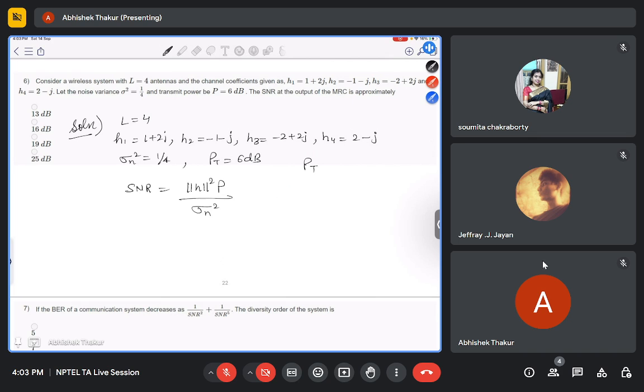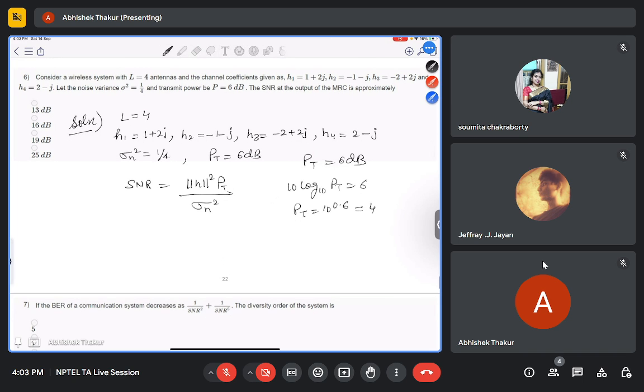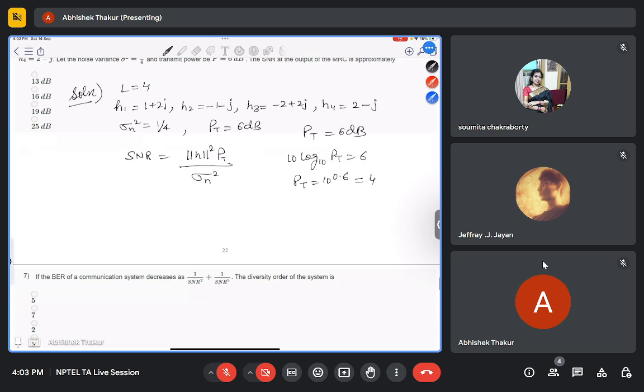If PT is equal to 6 dB, then the value of PT is equal to, 10 log 10 PT is equal to 6, so PT is equal to 10 to the power of 0.6. So this value is around 4. We can use this, and the magnitude of H squared will be here.